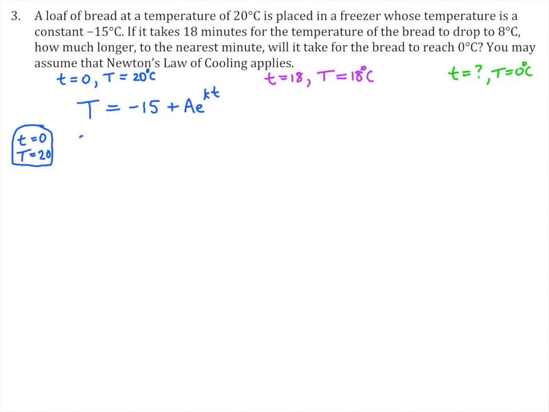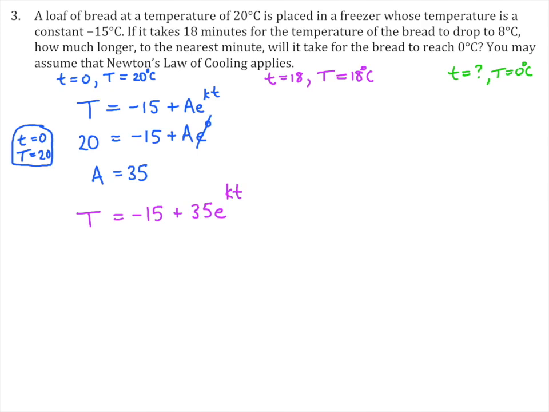So we plug that in. 20 degrees will equal minus 15 plus A e to the 0. That drops out because anything to the power of 0 is 1. Plus 15 to both sides. I now know the value of A for my formula. So let's rewrite the formula. T equals minus 15 plus 35 e to the power of kt.